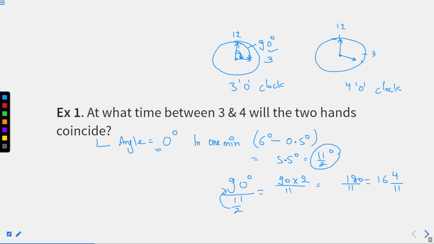So this is the time. The answer will be 3 o'clock complete and 16 minutes 4/11. This is the time at which both the hands will be coinciding with each other in between 3 o'clock and 4 o'clock. I hope this complete question is understood by everyone.